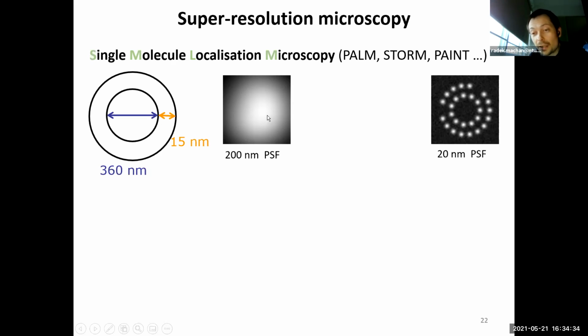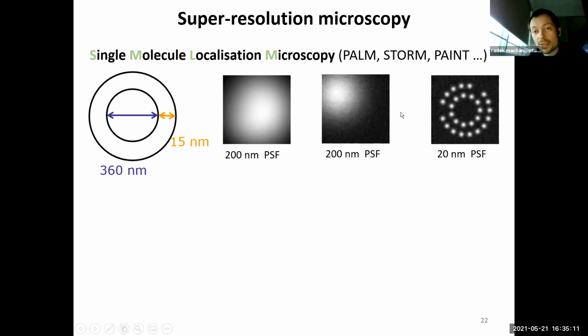But I can do the following trick: instead of all these fluorophores shining at once, most of them are dark, and only for a short time some of the fluorophores will switch on and emit light, and then they go back to the dark state. So I will effectively see maybe just one or two fluorophores at a time from this whole structure.